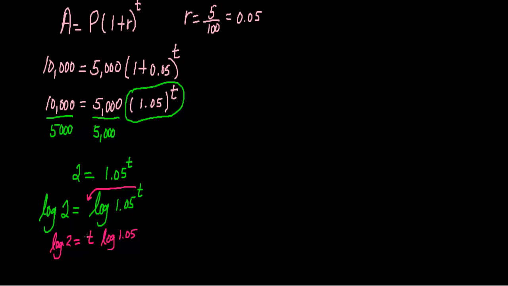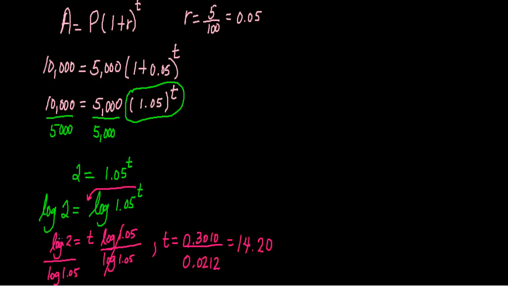And now I can solve for T. To isolate T, I need to divide both sides by log of 1.05. And T is equal to, with your calculator, you are going to look for the log of 2 and divide by the log of 1.05, and this is what you get.